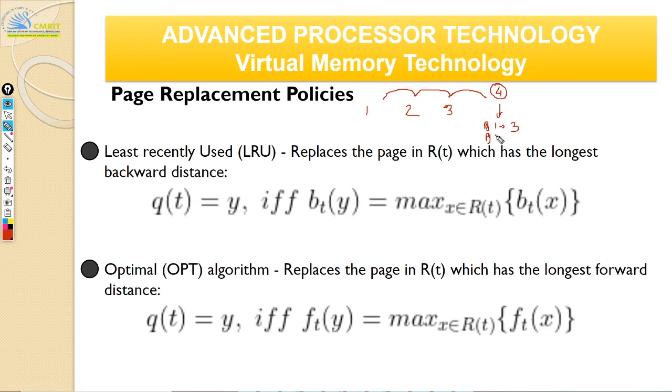For page 2 it is 2, so you'll reach it in 2 hops. And for your page 3, it's 1, just one hop. You just recently referred to your page 3. So which one will you replace? The one that has the maximum distance. Which page has the maximum distance? Page 1. So you will replace page 1. That is how it is done.